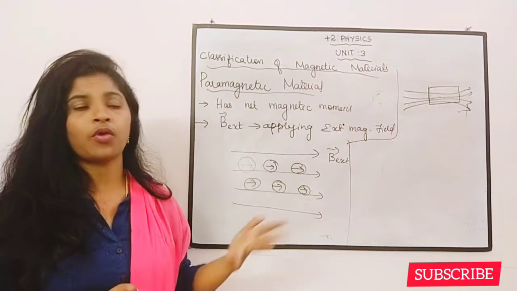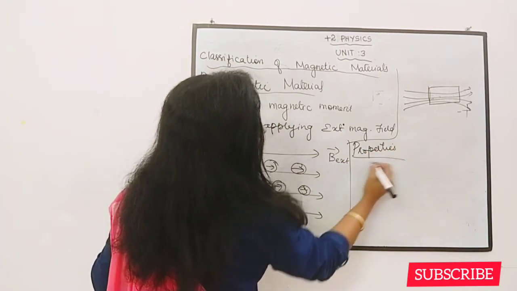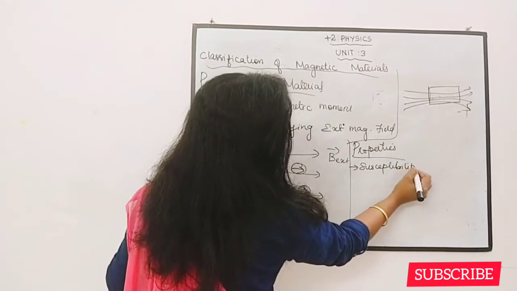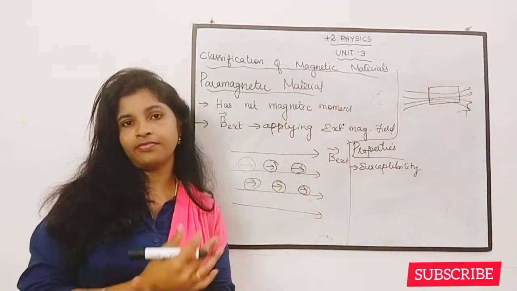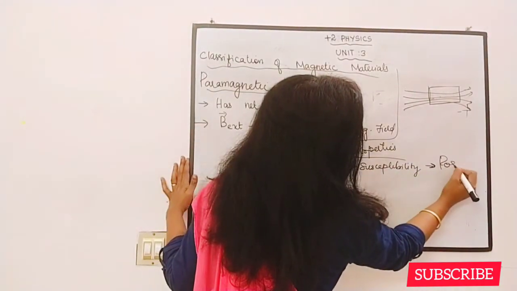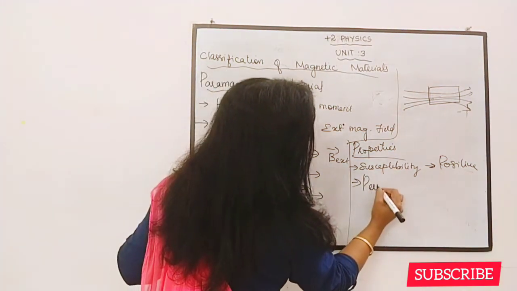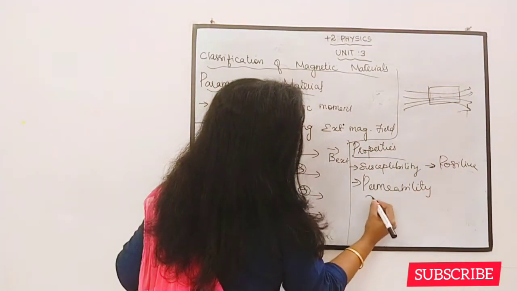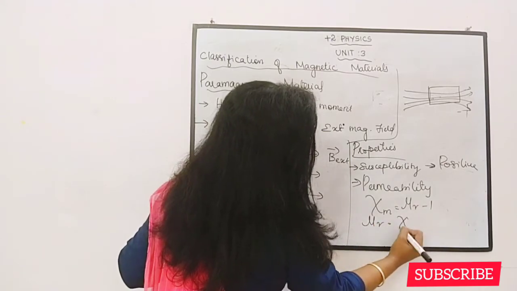Now let us discuss the properties of this material. What about the susceptibility? Susceptibility tells to what extent the material allows the passage of the magnetic field through it. It is allowing, right? So the susceptibility here is positive. Then what about the permeability? I told you the relation: susceptibility is equal to permeability minus 1, so permeability is equal to susceptibility plus 1.